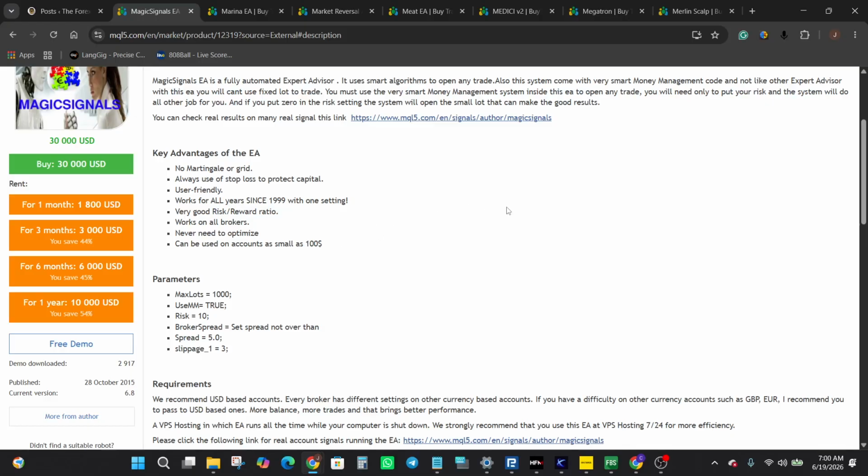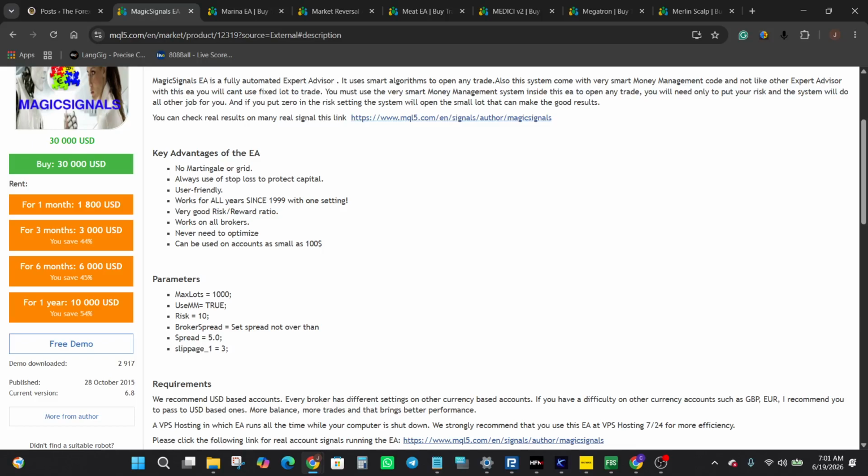Now, moving down to the available parameters, we can see settings such as max lots, use risk, broker spread, and slippage controls. The risk setting is particularly important because it directly influences the money management system that the EA relies on.